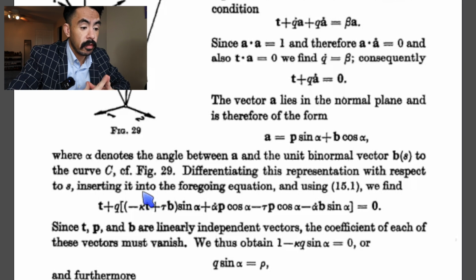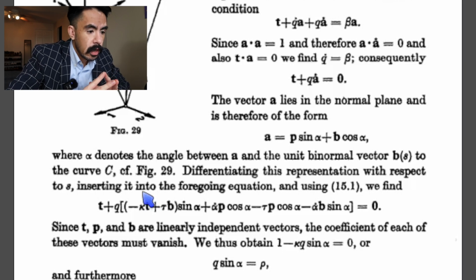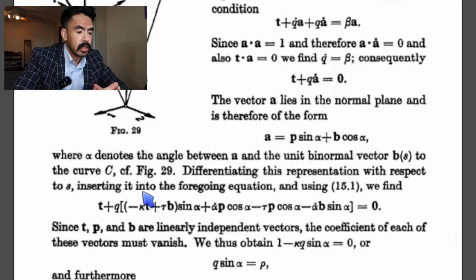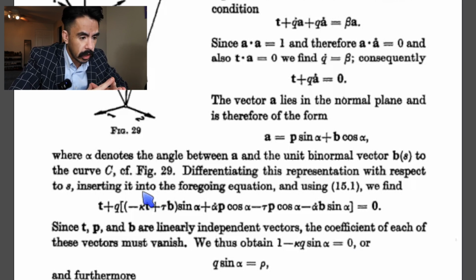So the derivative in terms of arc length of this q is equal to beta, the scalar. Consequently, vector t plus q times A dot being of course a derivative in terms of arc length, this is equal to 0.